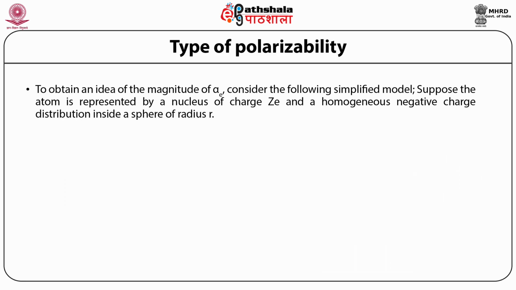To obtain an idea of the magnitude of alpha E, consider the following simplified model. Suppose the atom is represented by a nucleus of charge Ze and a homogeneous negative charge distribution inside a sphere of radius r.